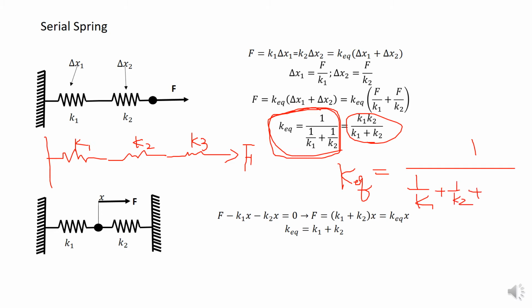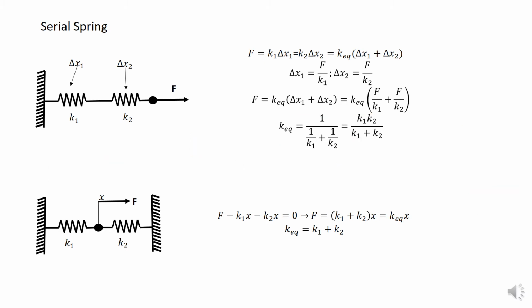If I have 3 elements, my K equivalent should be equal to 1 over K1 plus 1 over K2 plus 1 over K3. It should be equal to this one. And after the simplification, you can get the solution. Okay?